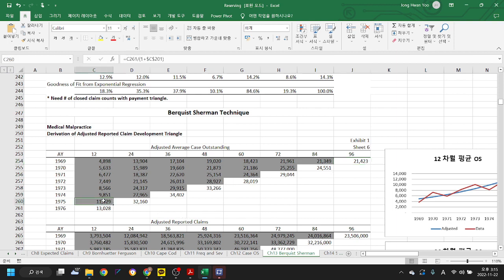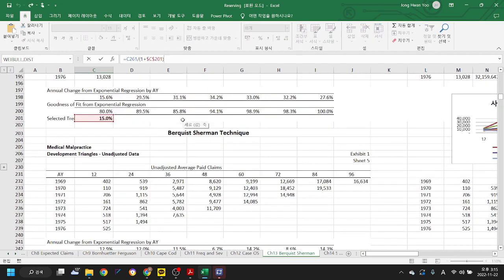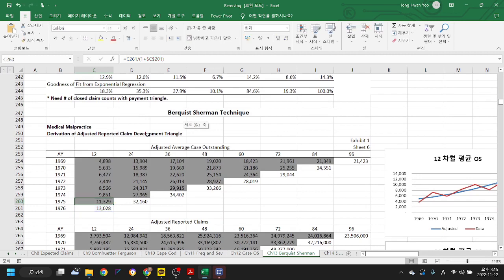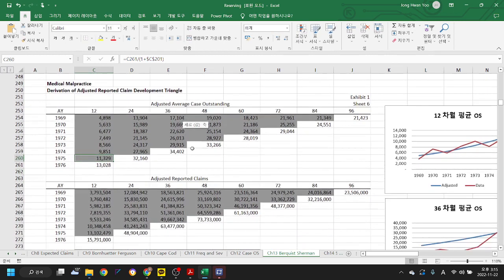And then the formula itself takes the 15%, the trend factor that is selected, and instead of multiplying, we just divide. So it is called detrend. And I can restate the historical average numbers, except the most recent case outstanding, back 1 year, 2 years, 3 years, 4 years, we detrended using that 15%.